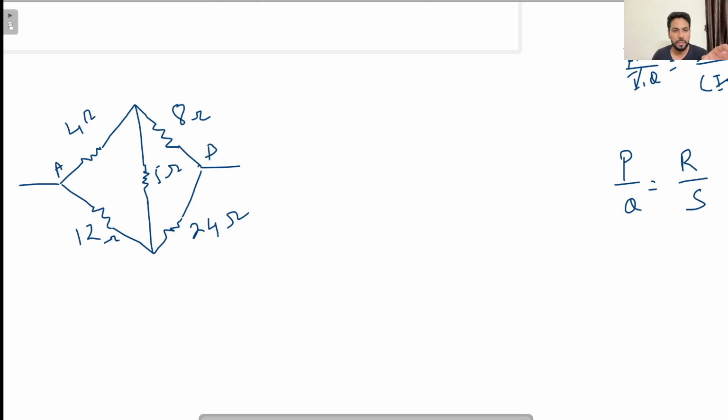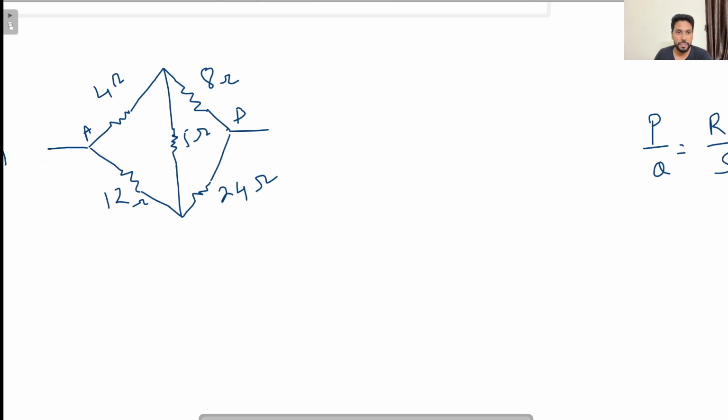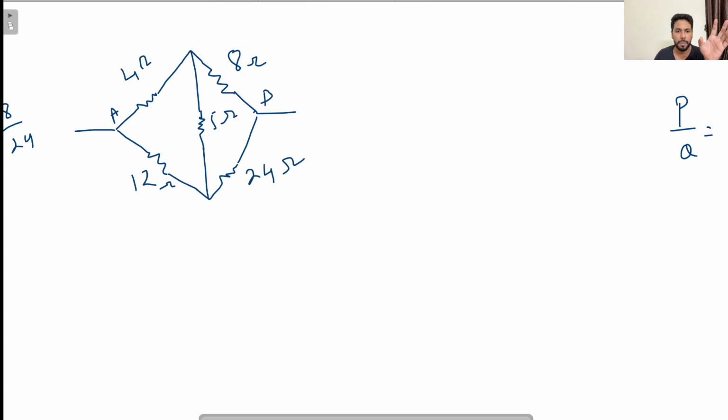So here you have to quickly analyze if it is a balanced Wheatstone bridge. And if it is a balanced Wheatstone bridge, your work is very simple, because 4 and 8 are in series, 12 and 24 are in series, and the combination of 4, 8 and the combination of 12, 24 are in parallel to each other, and you will be able to get your answer without taking the 5 ohm resistor into consideration.